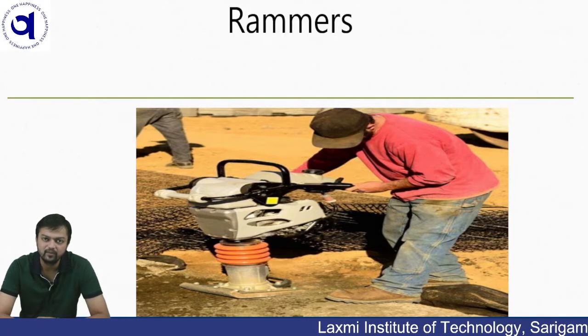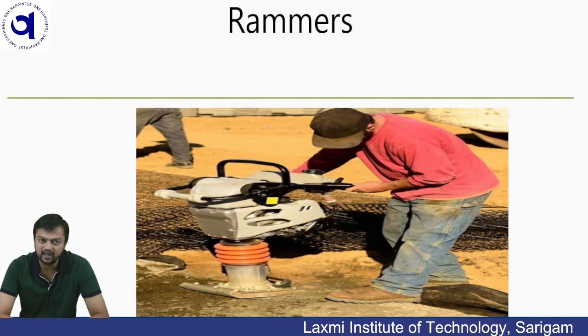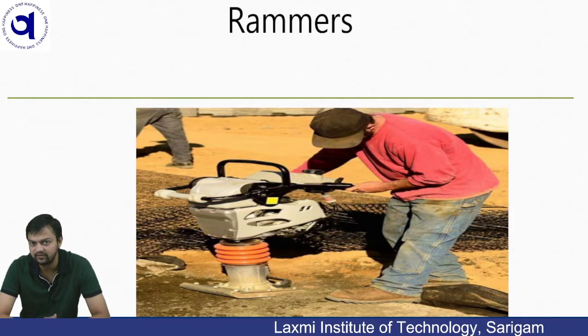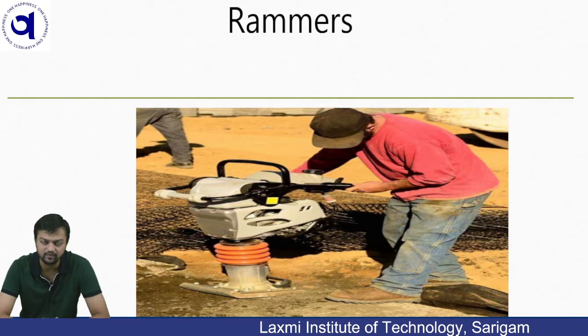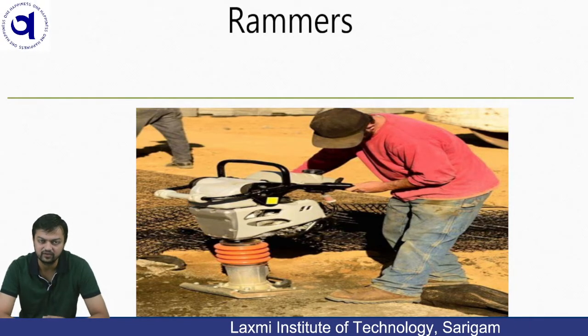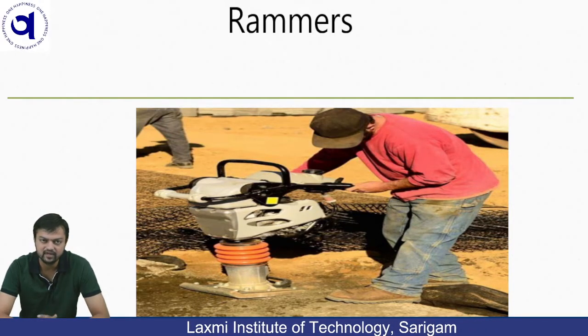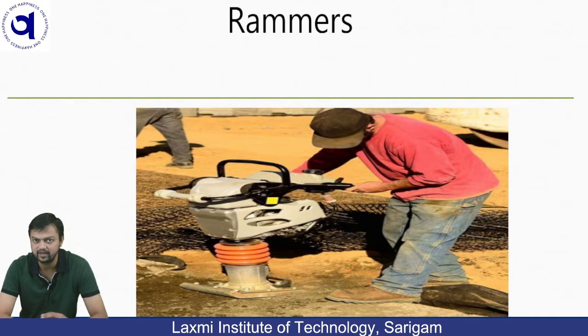In hand operation there can be mistakes, like the load can be less or more, and the impact given to the soil using these rammers can be more or less. But with machinery there are no such mistakes or errors. So it is more advisable to use machine operated rammers.